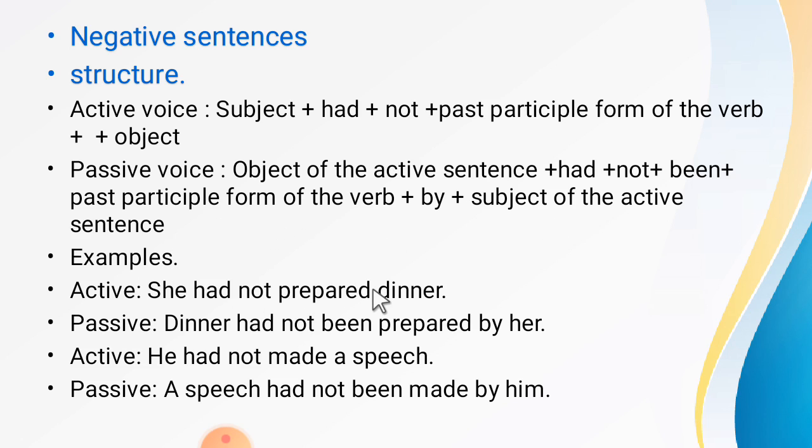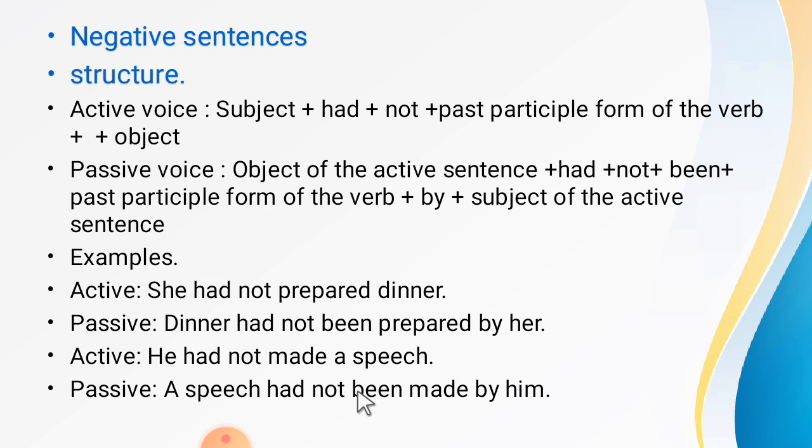She had not prepared dinner. Dinner had not been prepared by her. So dinner comes in as the subject, then had not. The difference between the positive and negative sentences here is that we just put not between had and been.